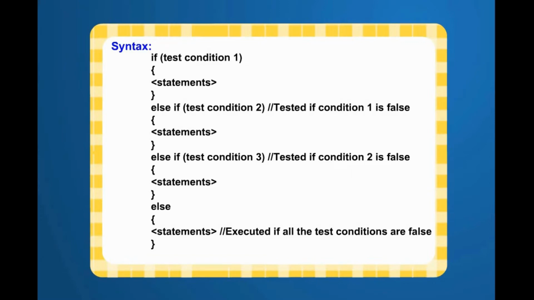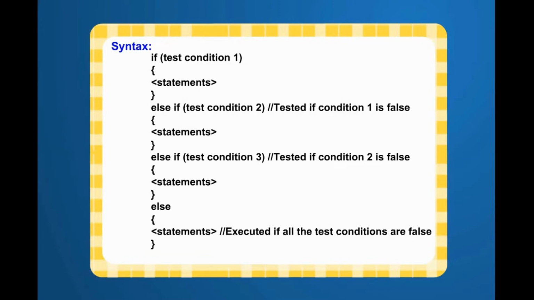This statement is also known as ladder if-else statement, as in this, if a condition does not stand true, then another condition is tested. This is a useful construct in situations where the decision process is based on multiple conditions.